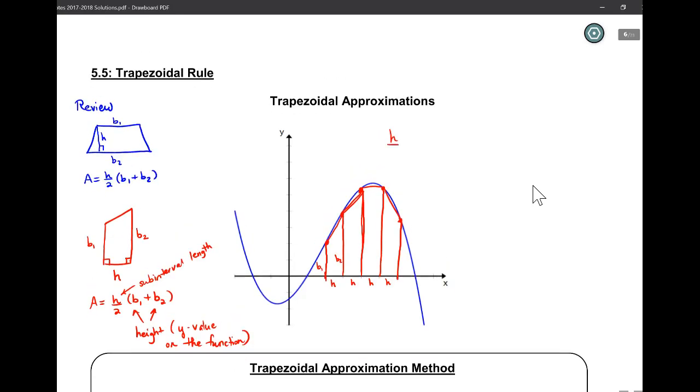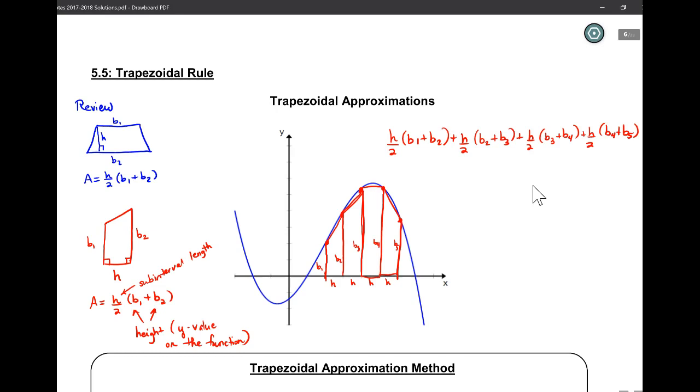I'd have h over 2 (base 1 plus base 2), plus h over 2 (base 2 plus base 3), plus h over 2 (base 3 plus base 4), and then this last one would be h over 2 (base 4 plus base 5).